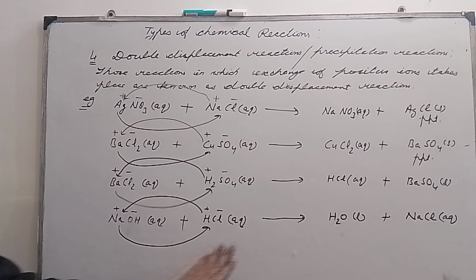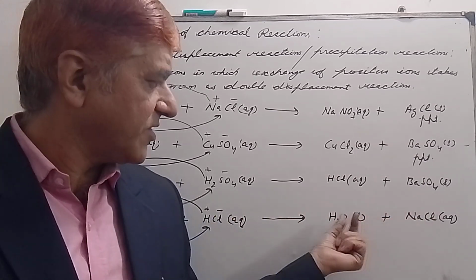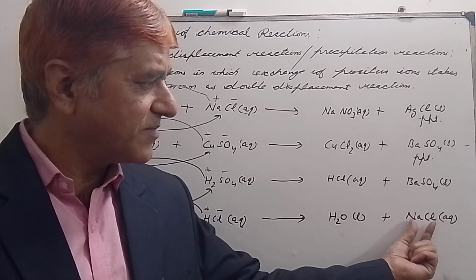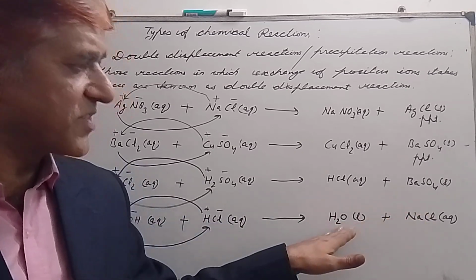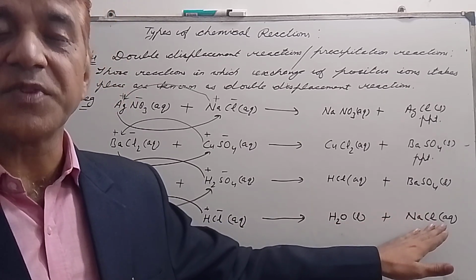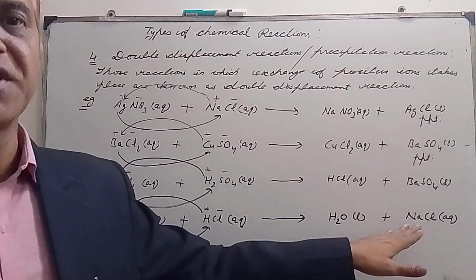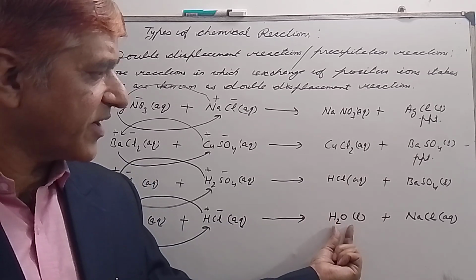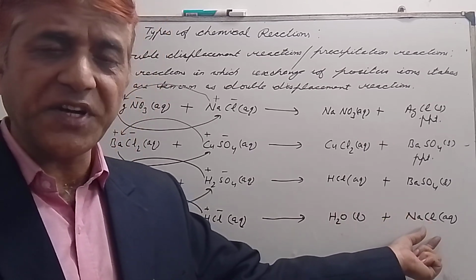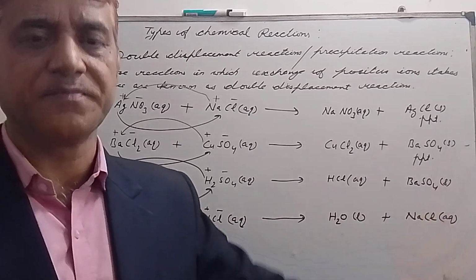Now my dear students, in this reaction you will not get a precipitate. Water is a liquid, and sodium chloride is soluble in water, so we will not get a precipitate in this case. The salt which is dissolved, soluble in water, because water is the product, water plus sodium chloride, so a precipitate will not be formed because sodium chloride is soluble in water.